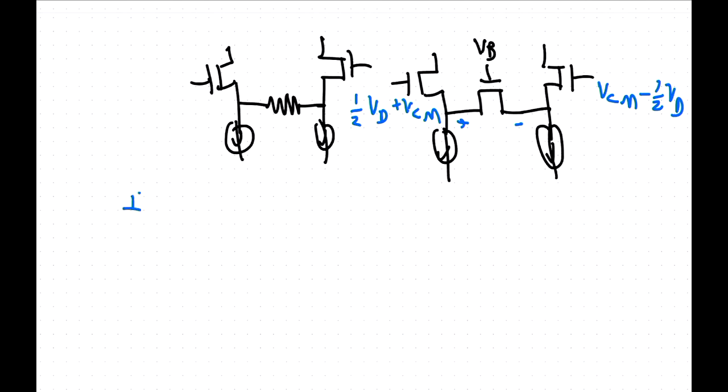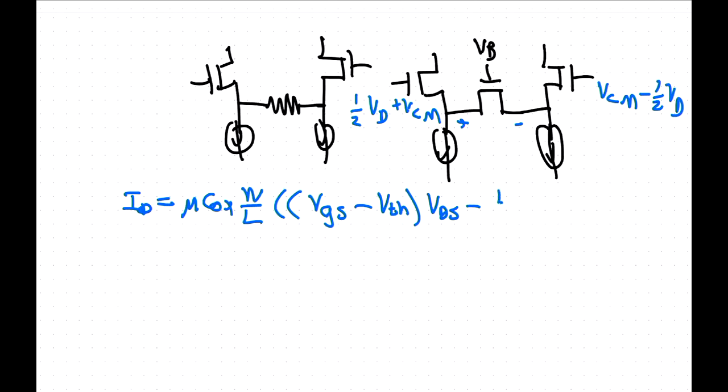So the drain current is equal to mu Cox W on L times VGS minus the threshold times VDS minus a half VDS squared. Now, if you're putting in the gate voltage, the drain voltage and the source voltage into here, then what you'll find is that it becomes linear.